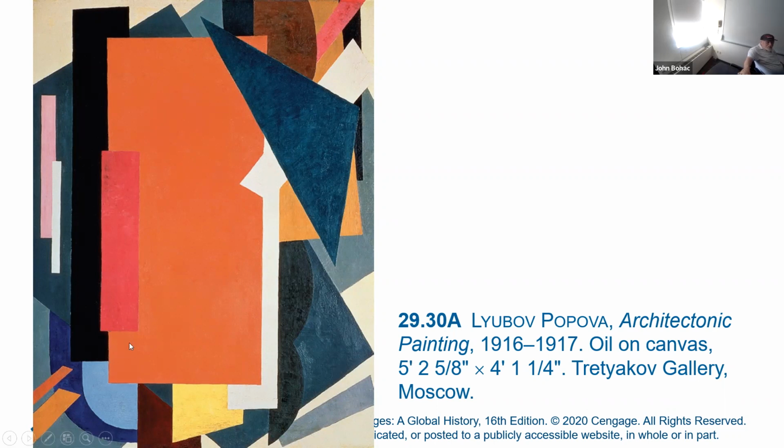Architectonic painting, the idea being that you have all of these abstract, somewhat geometric shapes, flat color, and it represents the spirit of the work, of the subject, the dynamism.